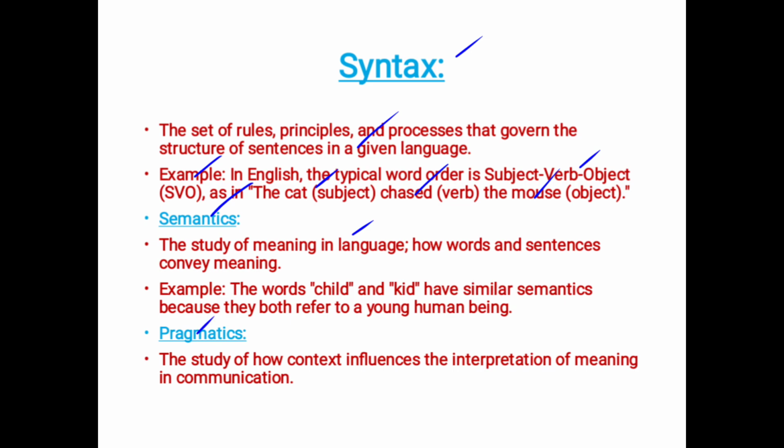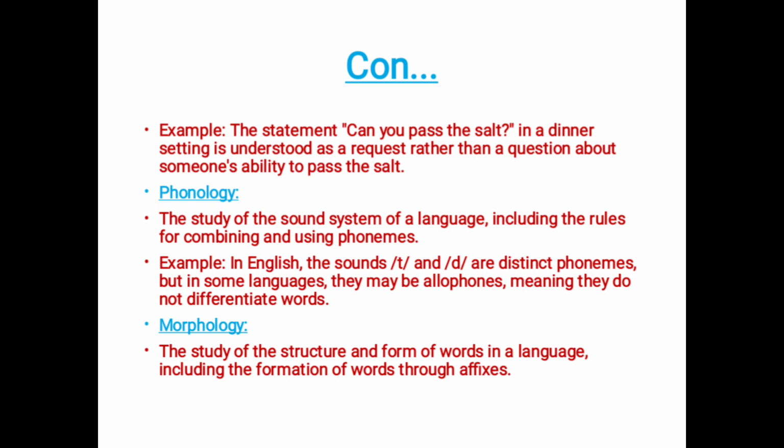Then we have the fifth basic term of linguistics, that is pragmatics. The study of how context influences the interpretation of meaning in communication. For example, the statement "Can you pass the salt?" in a dinner setting is understood as a request rather than a question about someone's ability to pass the salt.